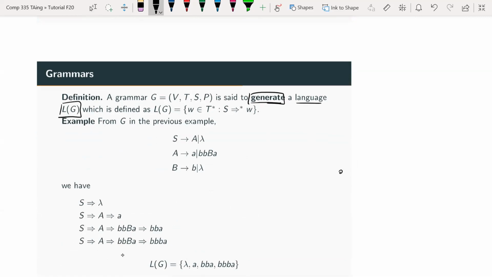And these strings are strings over your terminals such that they can be derived starting from the start variable S.